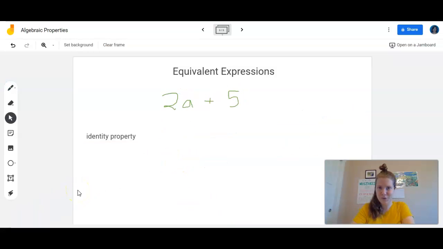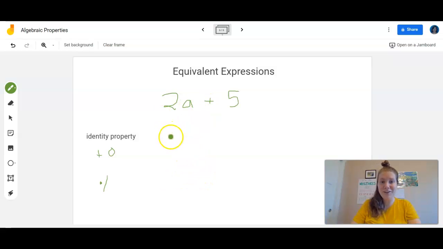There's one last way to write an equivalent expression, and it's honestly so simple that we don't usually even talk about it or count it as an extra one, but it does always work, and we use a version of it to simplify other things like fractions. That is the identity property. The identity property for addition is that you can add 0 and it's still going to be an equivalent expression. The identity property for multiplication is that you can times by 1 and it's still going to be an equivalent expression.